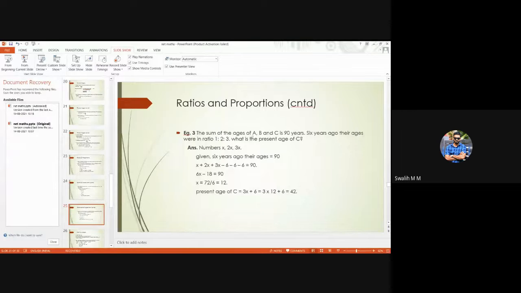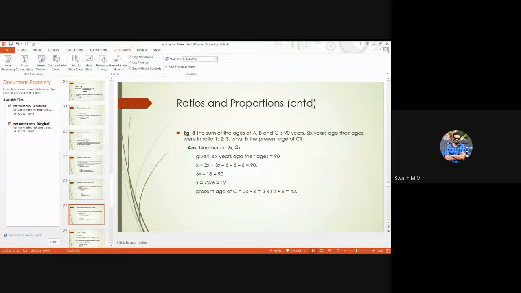See, A, B, and C: A is x, B is 2x, and C is 3x. And 6 years ago, their sum was 90. 6 years ago means I have to reduce 6 from all three. x minus 6, 2x minus 6, 3x minus 6. The total sum was 90. And what is the present age of C? After solving, you get x as 12.